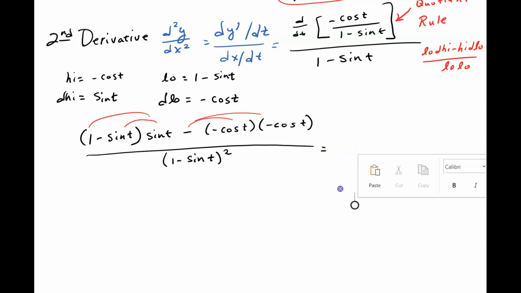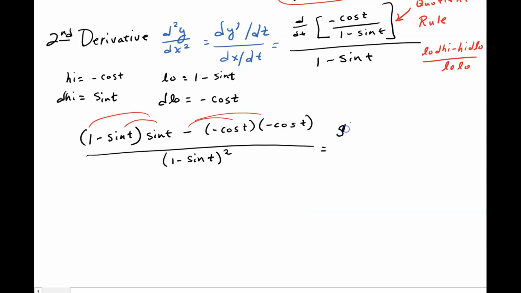I'm going to have a sine of t minus sine squared of t minus, and it's still going to be negative because these two here are positive, minus a cosine squared of t, divided by 1 minus the sine of t squared.